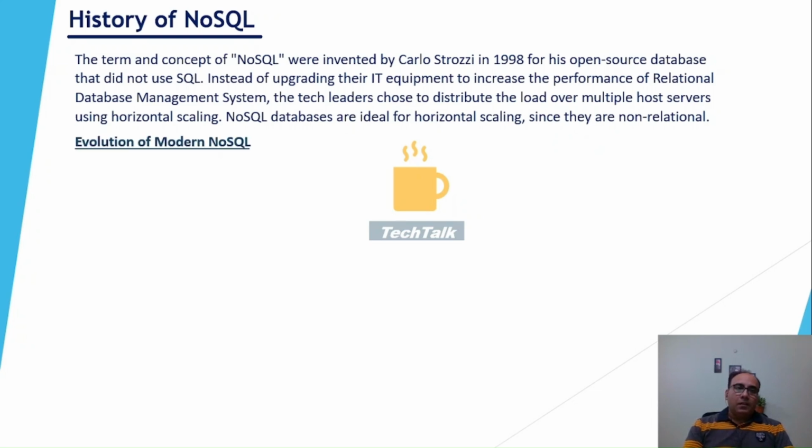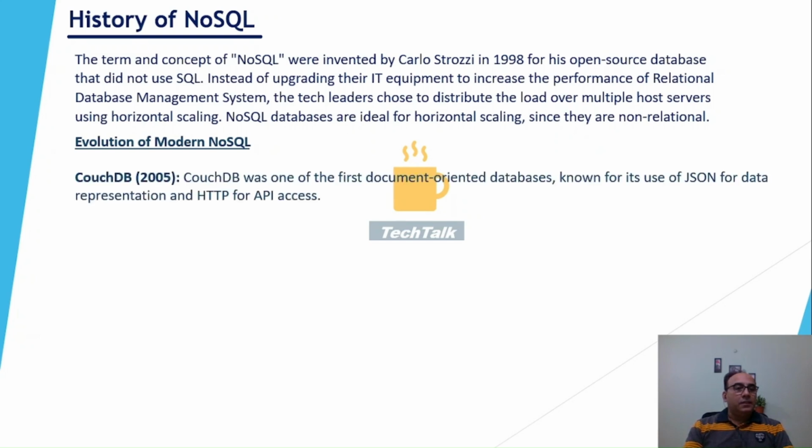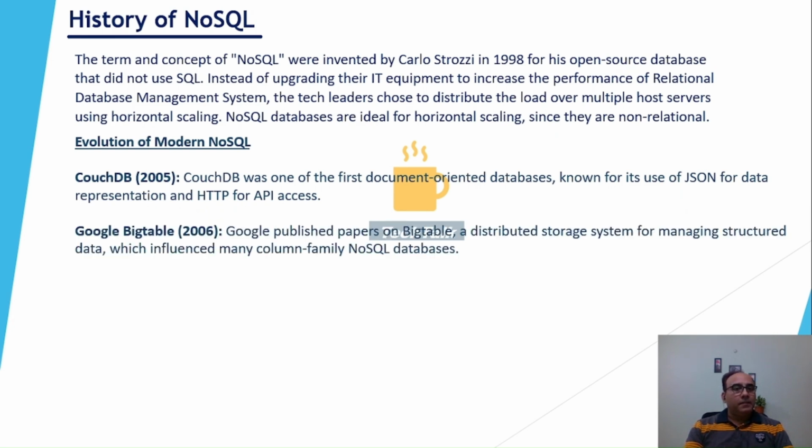Now let's talk about the evolution of modern NoSQL. CouchDB came in 2005. It's a document-oriented database. Then Google Bigtable came in 2006. It is very suitable for real-time applications and can easily be integrated with Google Cloud Services.